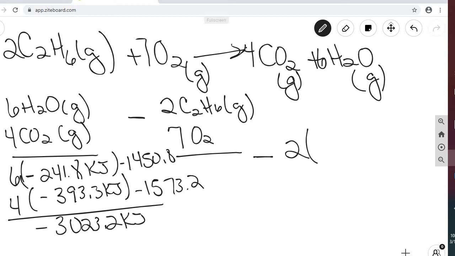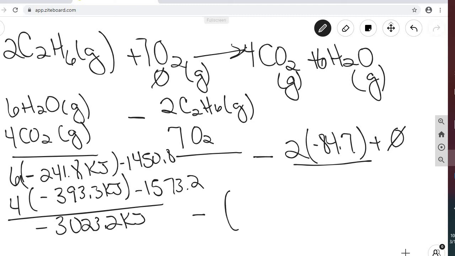So 2 times negative 84.7. Just get that from the chart. And then the 7 oxygens are going to be 0, right? Because that's the oxygen in its natural state. So we're going to subtract this number. So 2 times negative 84.7. It's going to be a minus a negative 169.4. Okay, so do that math.